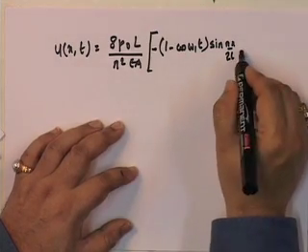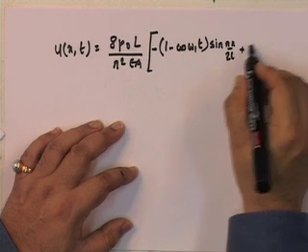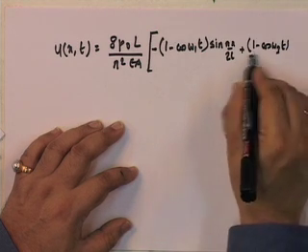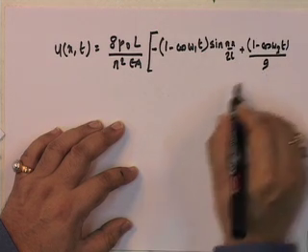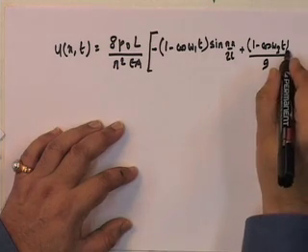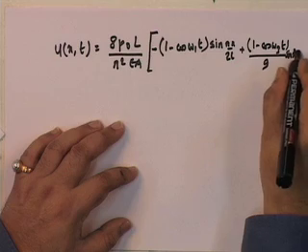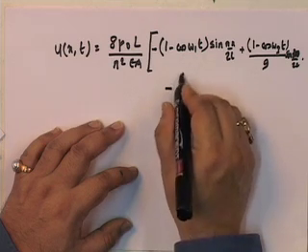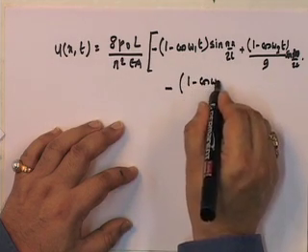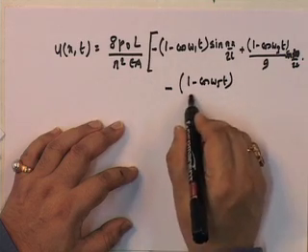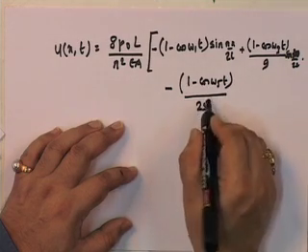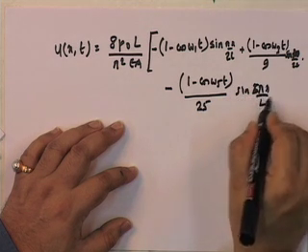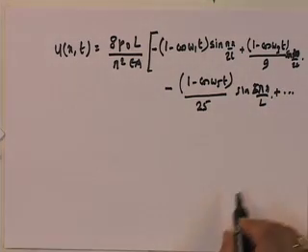Then we have a plus 1 minus cosine omega 3 t upon, now this becomes 9, into sine 3 pi x upon 2L, minus 1 minus cosine omega 5 t upon 25 into sine 5 pi x upon 2L, and so on and so forth.